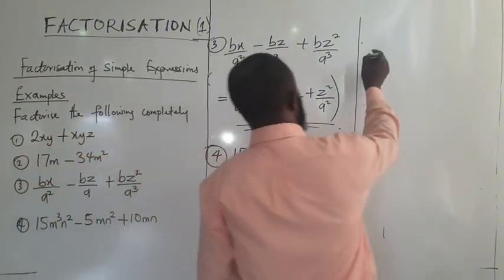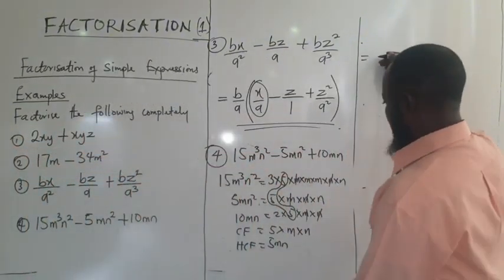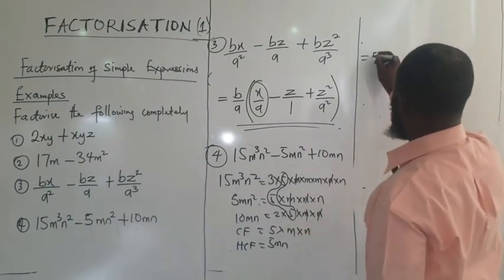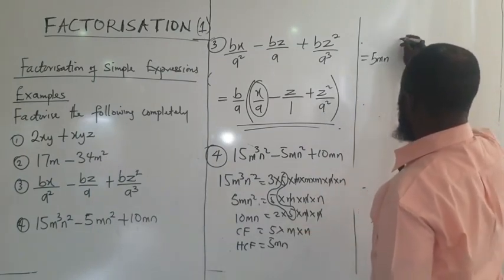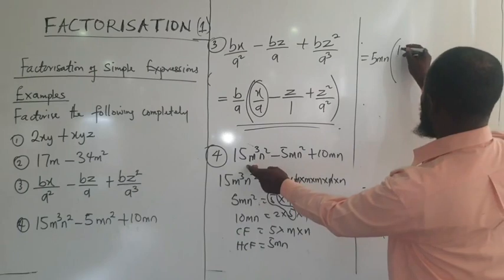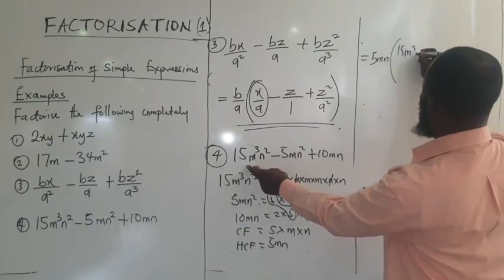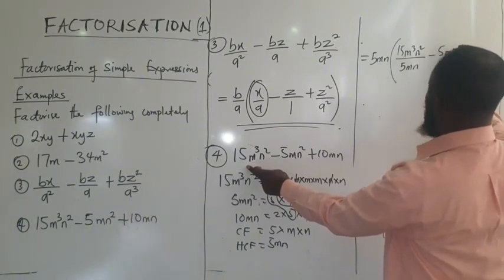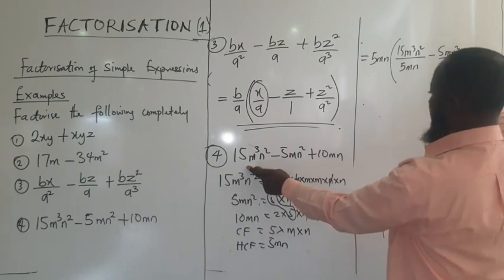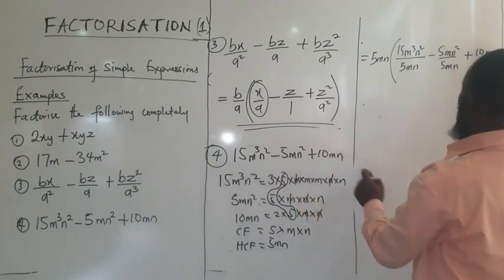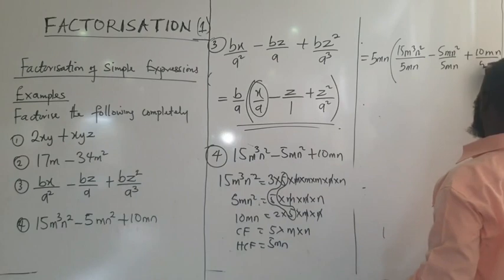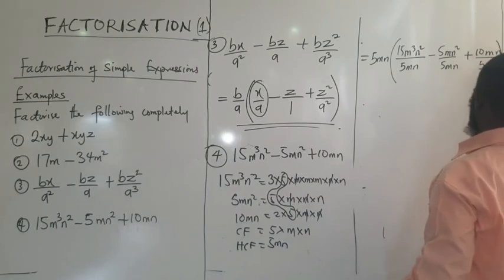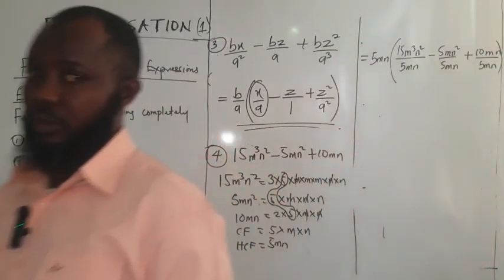The second part, the concluding part, will then be the HCF, which is 5mn into brackets 15m cubed n squared divided by what? 5mn minus 5mn squared divided by what? 5mn plus 10mn divided by what? 5mn. I hope I'm making sense.